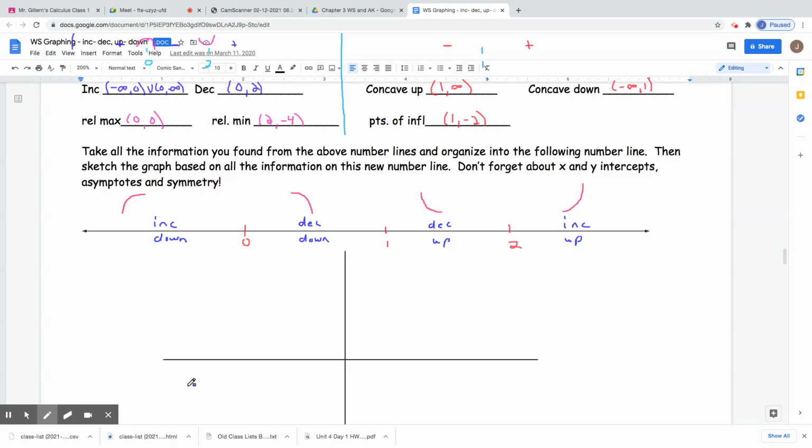All right. So now we're able to graph. The steps that we are going to follow: this is what you need to plot.